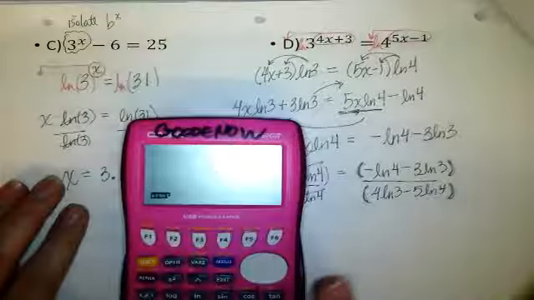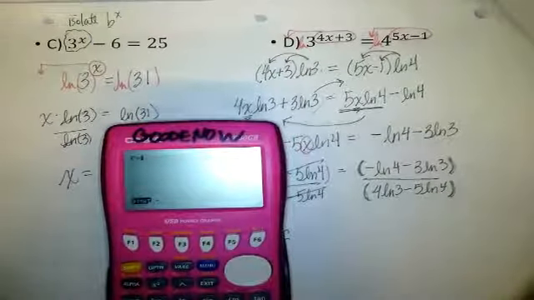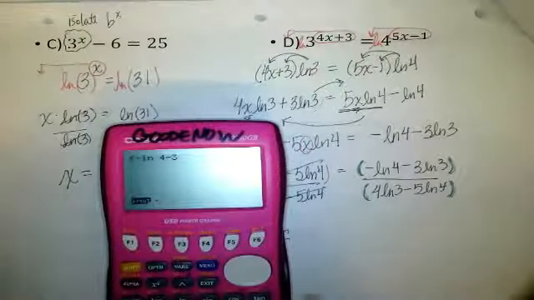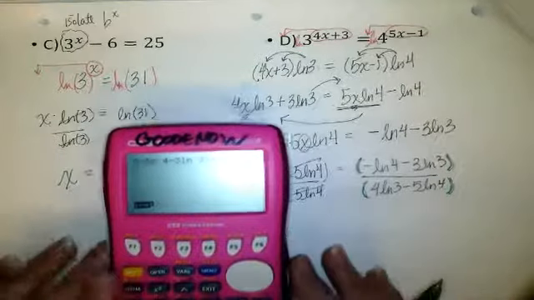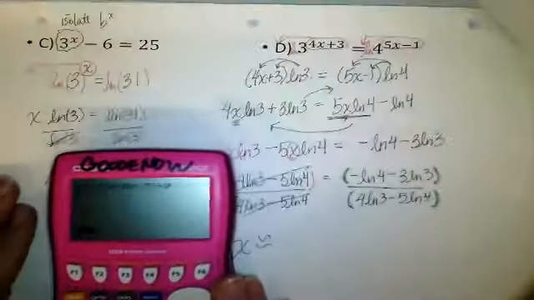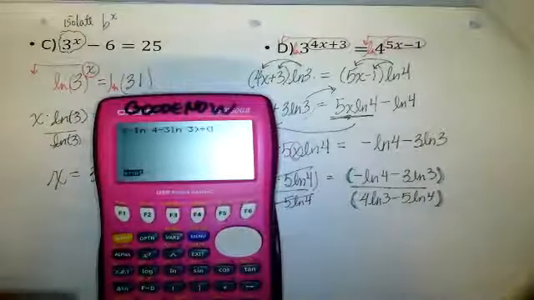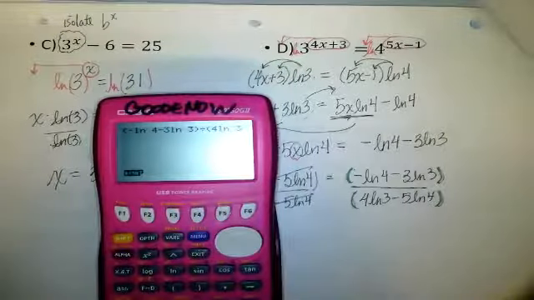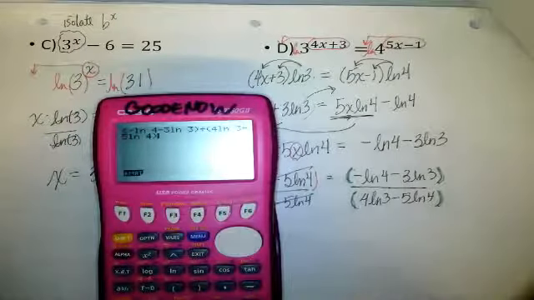So I have negative natural log of 4 minus 3 natural log of 3, close the parentheses, divided by the group: 4 natural log of 3 minus 5 natural log of 4. Close the parentheses.